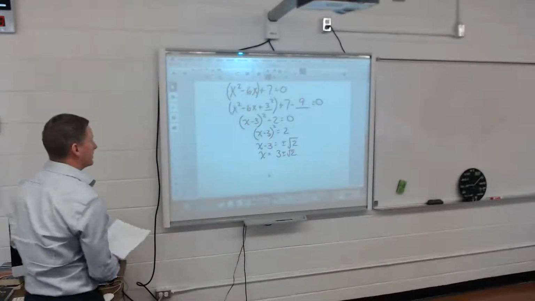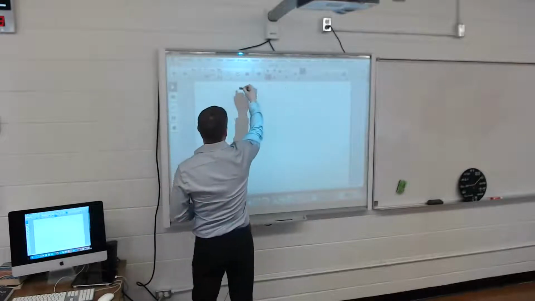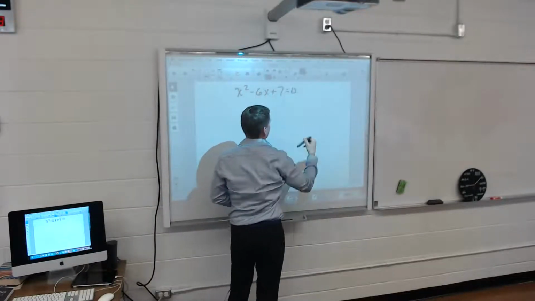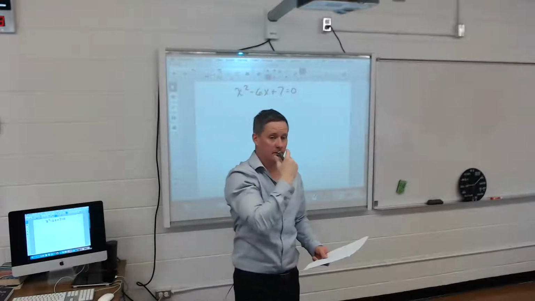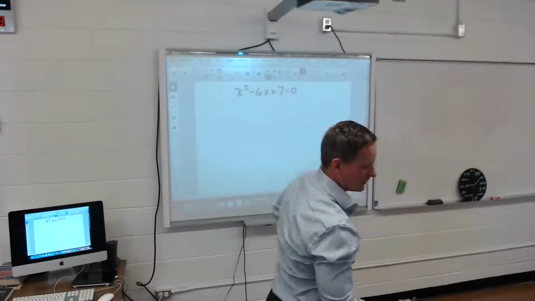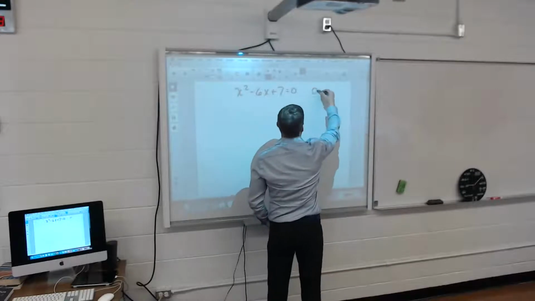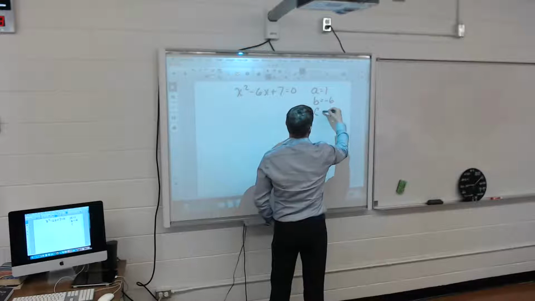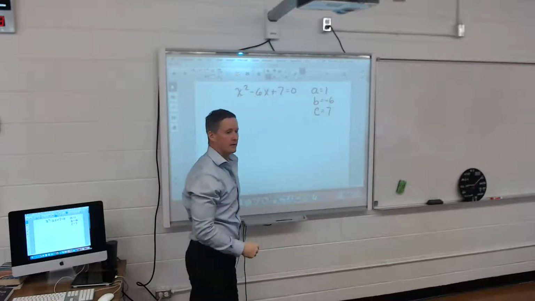This one as well, I'm going to use the same example. I would have maybe used the quadratic formula for it as well. So I've got a is equal to 1, b is equal to -6, c is equal to 7, right?